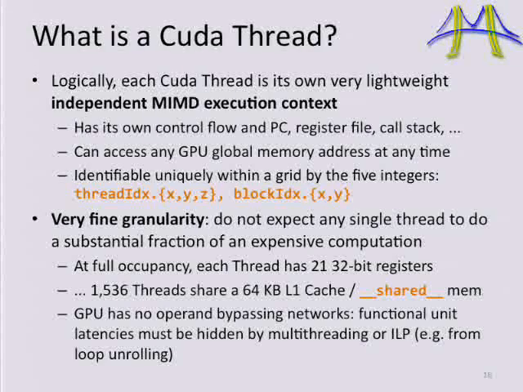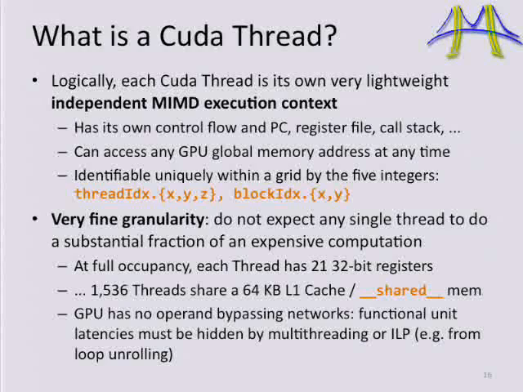So at full occupancy, that is, when you have as many threads as the GPU can actually hold, each thread has 21 32-bit registers, and that's the entirety of its state, essentially, at least if you don't want to take a big performance hit. 1,500 of these threads have to share a 64 kilobyte L1 cache. You can choose to execute fewer threads than that, and again, we'll talk about the performance optimization details a little later.